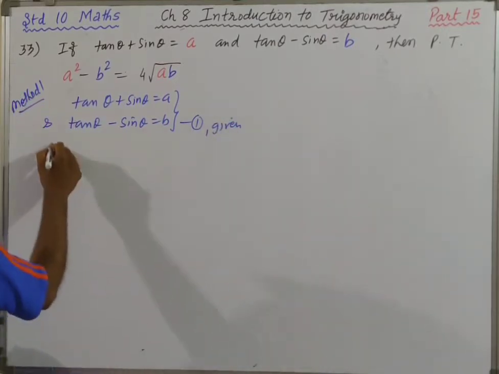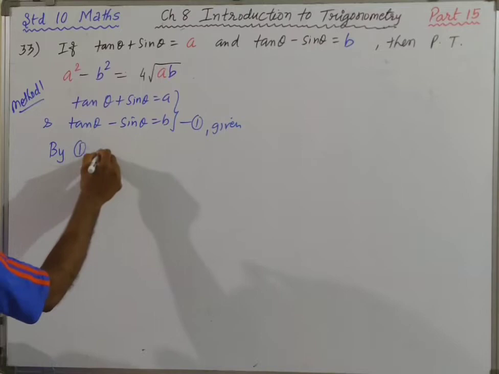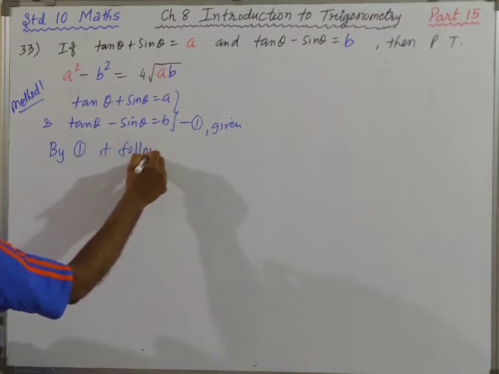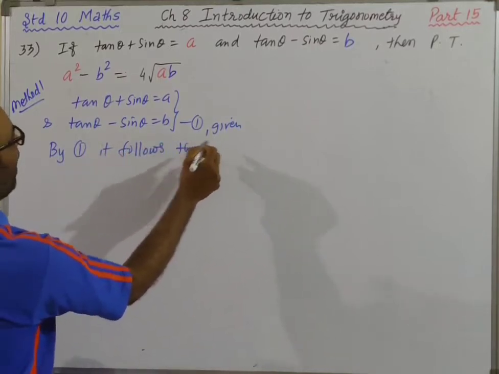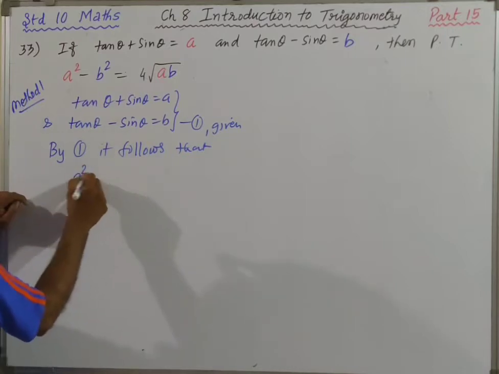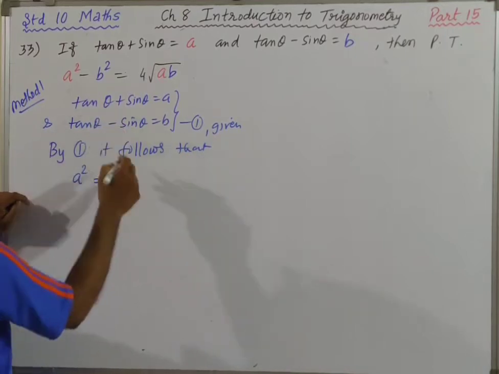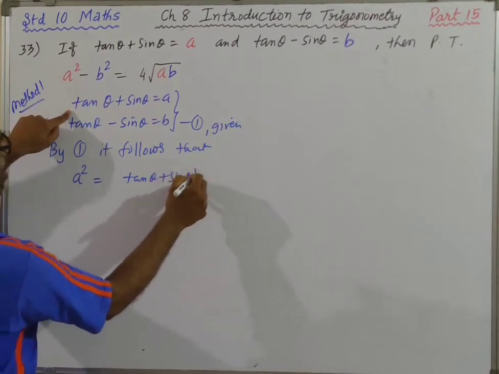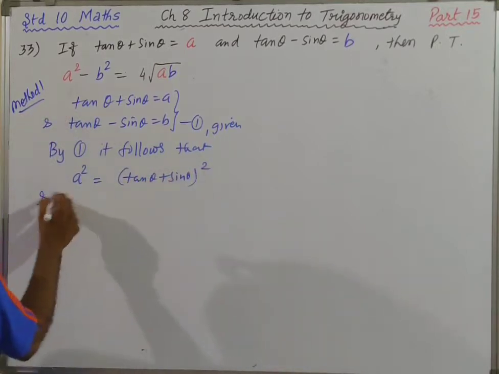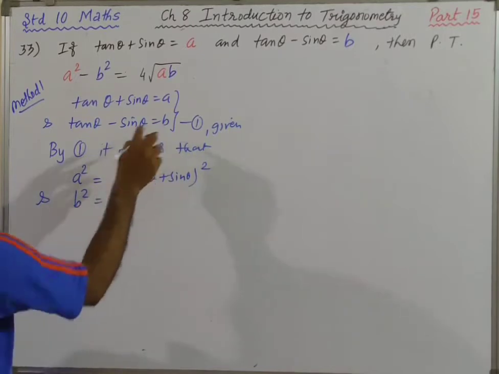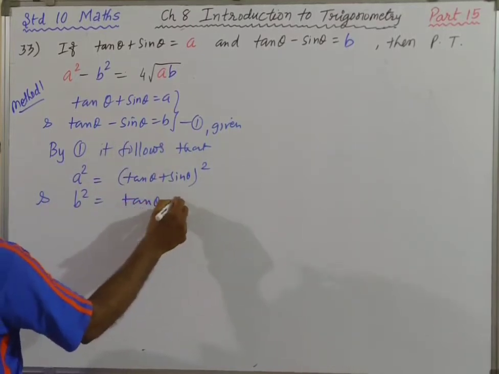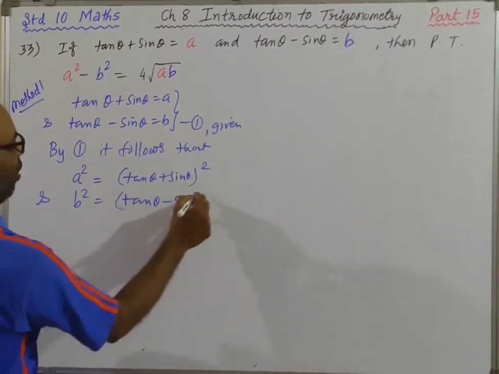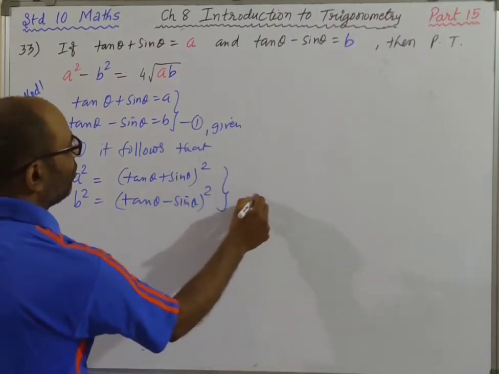So by 1 it follows that A square is equal to tan theta plus sine theta whole square, and B square is equal to tan theta minus sine theta whole square, and combiningly you call it 2.